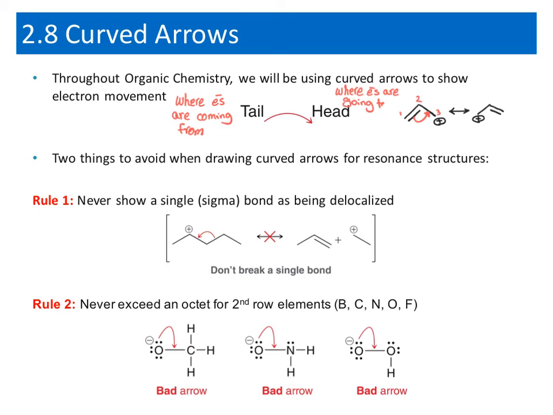The other important point is to never exceed an octet of electrons in second row elements. So for example, in this structure, if I move this lone pair here to draw a resonance structure, what I would get is this structure.